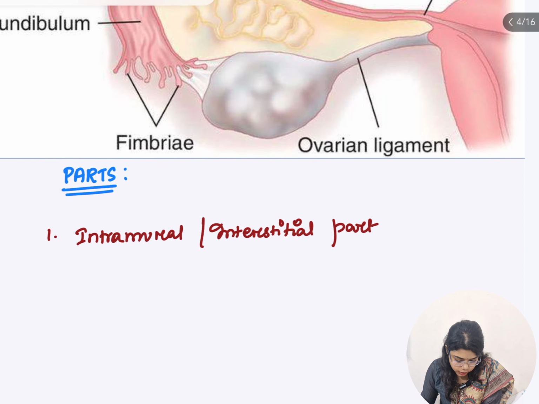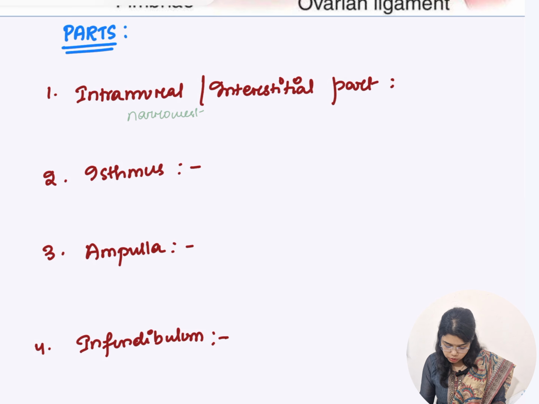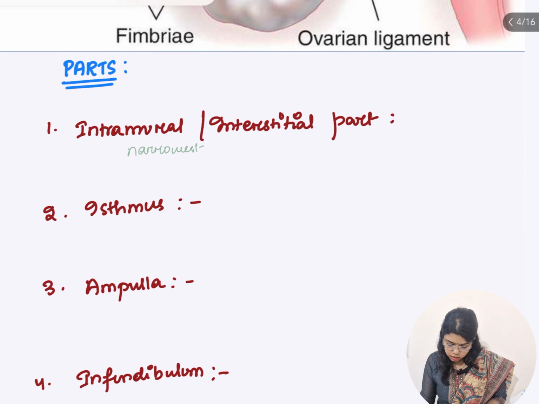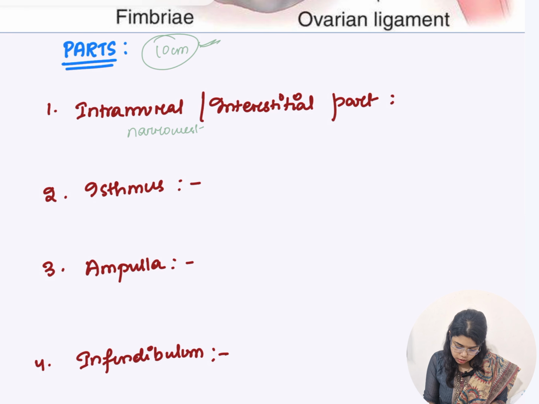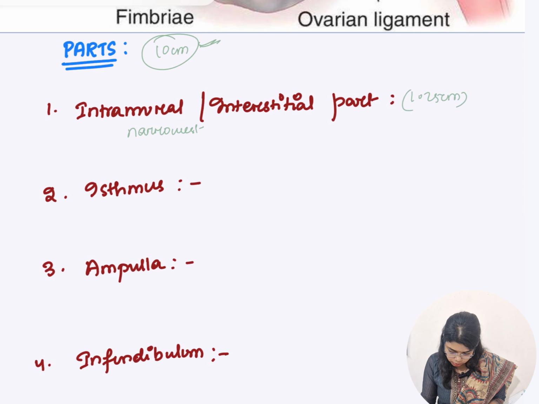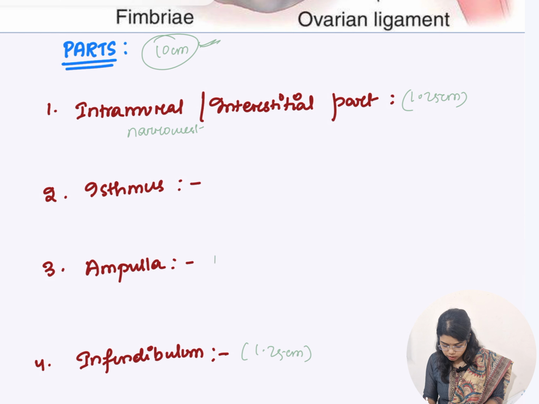It is the narrowest part. How to remember the length, I'm telling you. What is the total length? It is 10 centimeter. You can remember it like this. We'll divide it. This one, intramural, is 1.25 centimeter. Infundibulum also 1.25 centimeter.